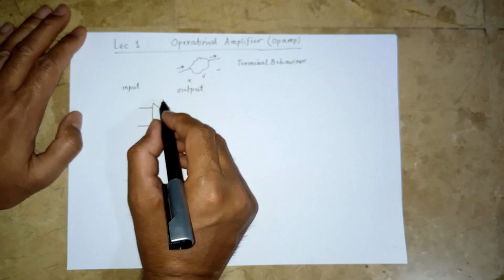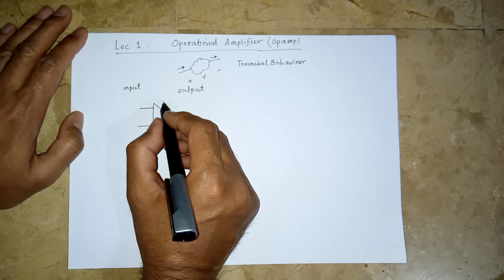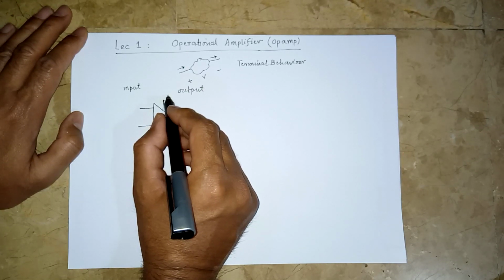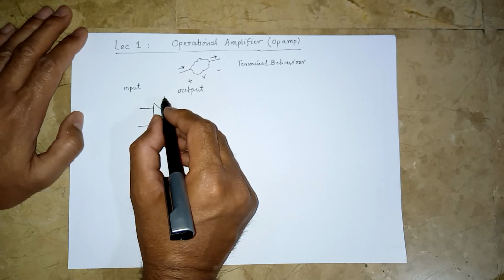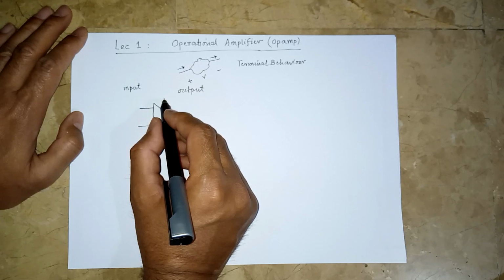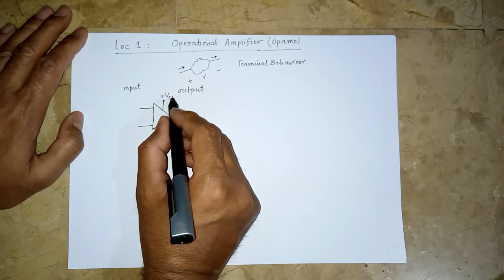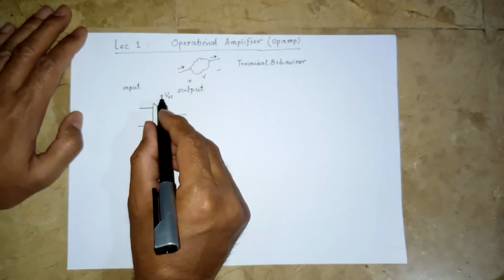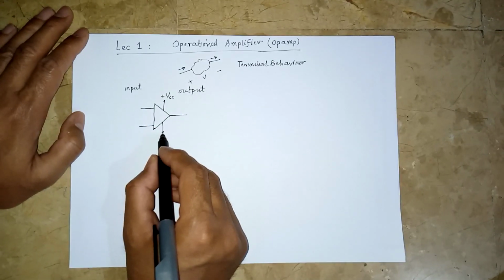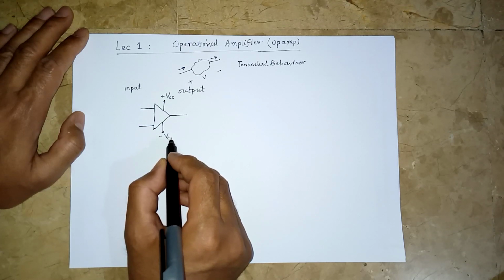So there are two terminals to power up the component. One is used to connect to a positive source of power, or we can say to a voltage source with its positive terminal connected. Let us label it as plus VCC, and the other one with a negative terminal of a voltage source.